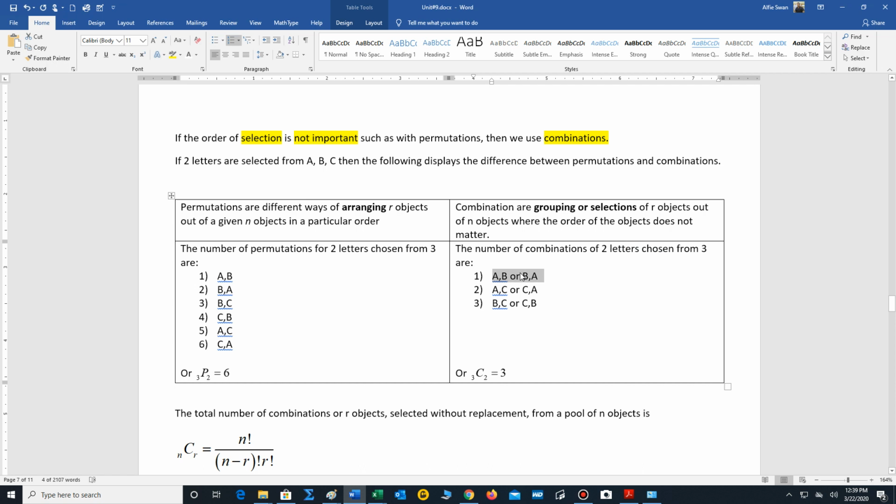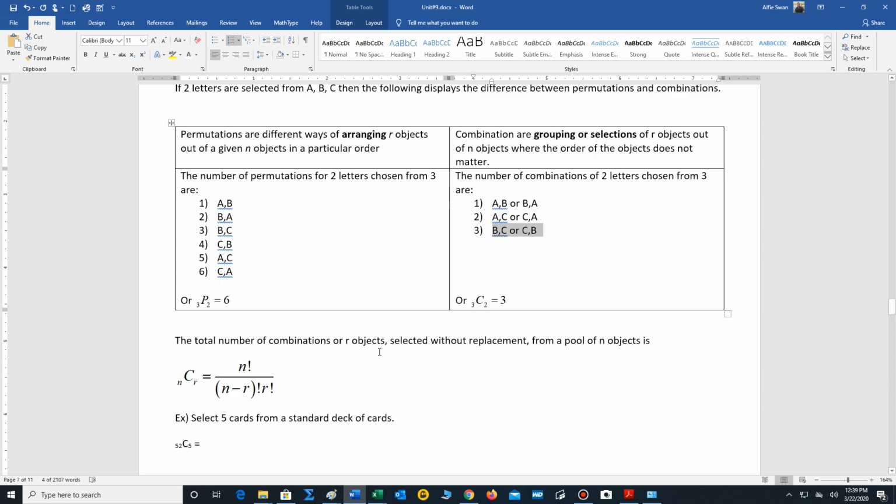So there's one group of the letters AB. Another group would be AC or CA. And a third group would be BC or CB. Thus, when we're computing the combinations, there's only going to be 3 combinations, whereas with permutations, there's 6, because AB is distinct from BA.